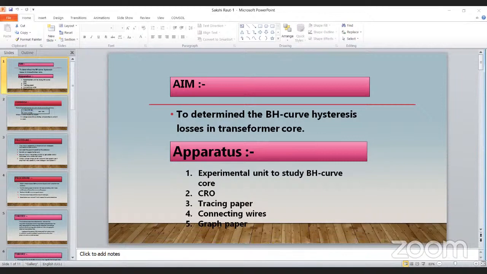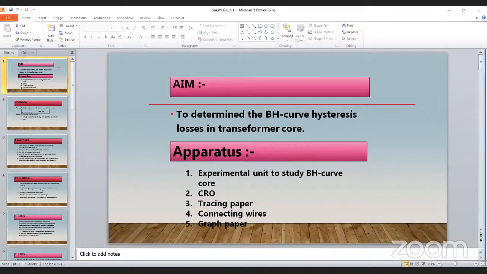Sir, myself Sakshi Raut, and my experiment is to determine the BH curve and the hysteresis loss in the transformer core. For this experiment, we use the apparatus: an experimental unit to study the BH curve and core, second the CRO, third trace paper, and fourth connecting wires and graph paper.